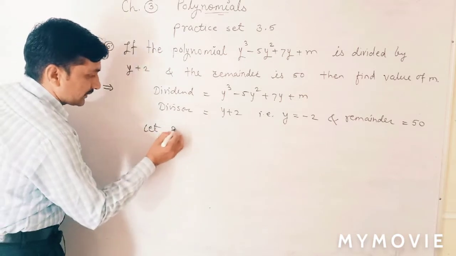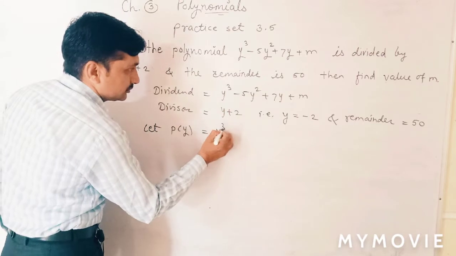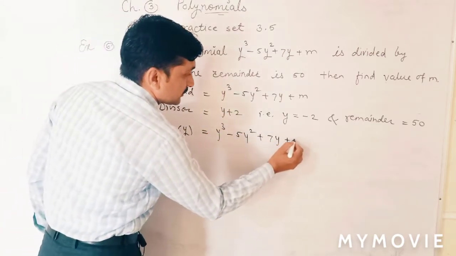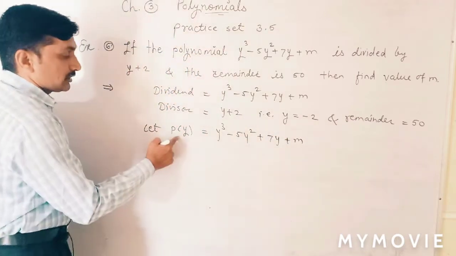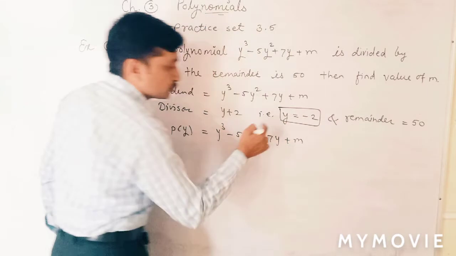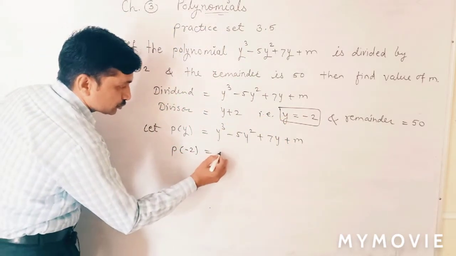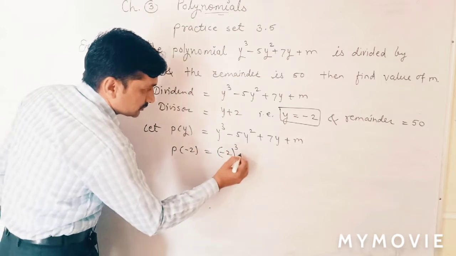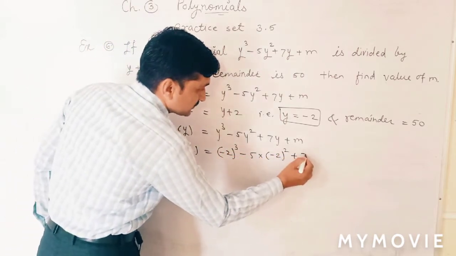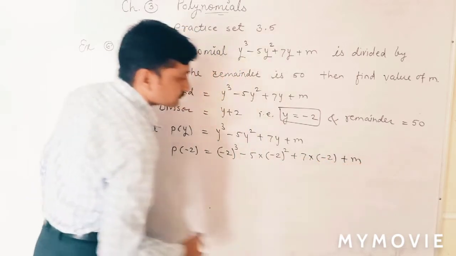Let p of y be the given polynomial: p of y is y cube minus 5y square plus 7y plus m. Now what is the value of y? The value of y is minus 2. Put this value here. P of minus 2 is equal to minus 2 cube minus 5 multiplied by minus 2 square plus 7 multiplied by minus 2 plus m.